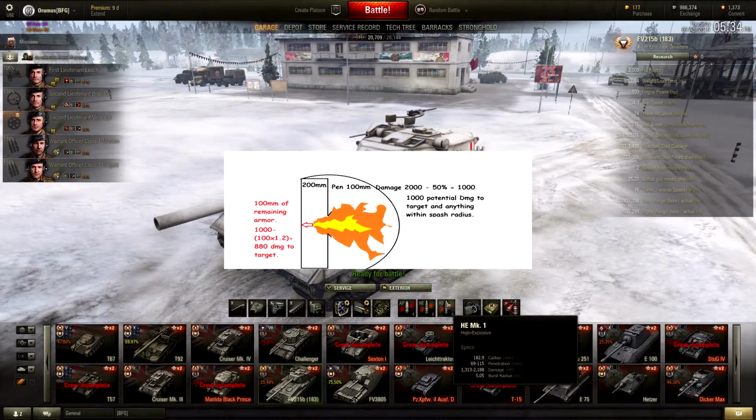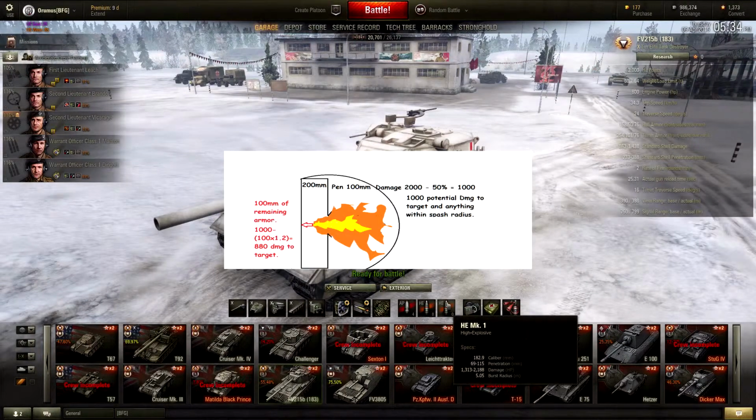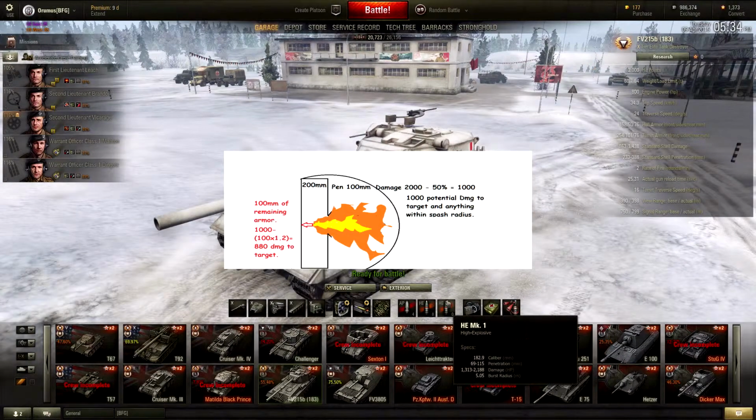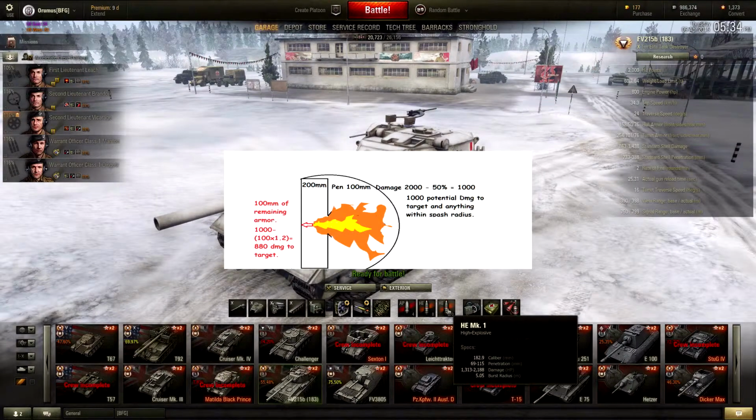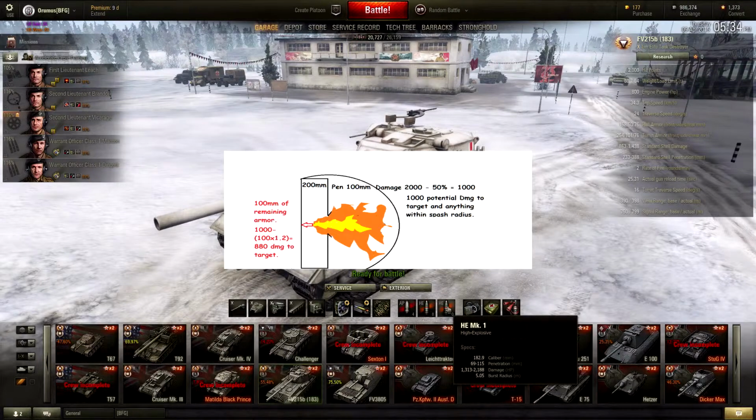Then the game takes the remaining amount of armor, which is 100 millimeters, multiplies it by 1.2, so 120 millimeters, and then subtracts that from the remaining damage that you have. So you had 1,000 damage left, you subtract 120, and you get the 880 damage that you would do to a tank.